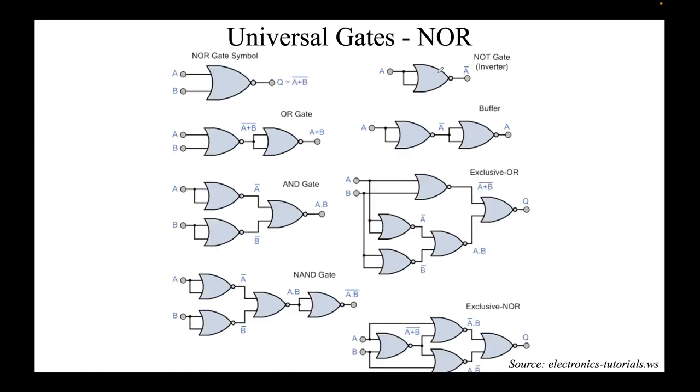Similarly, just by using NOR gates, we can create any other gate. Using just one NOR, you have converted it into a NOT gate. Similarly, using two NORs, you can get an OR gate, or using 3 NORs, you can get an AND gate, and so on.